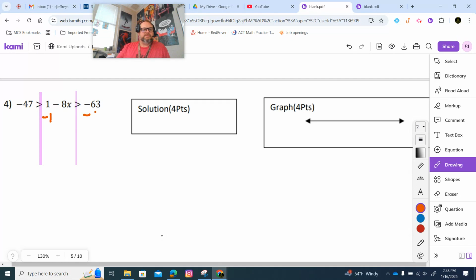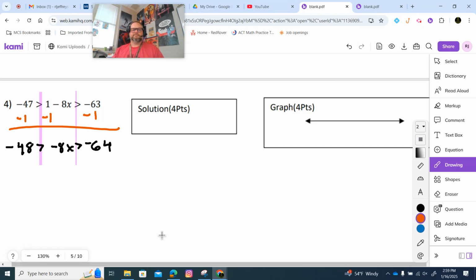So, divide by -1, -1. Since the signs are facing the left, we should already know we're going to divide by a negative and it's going to change that.